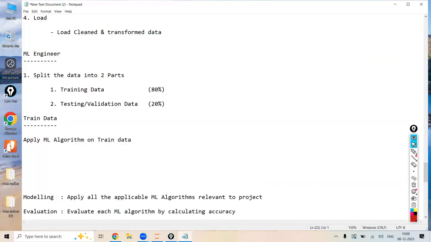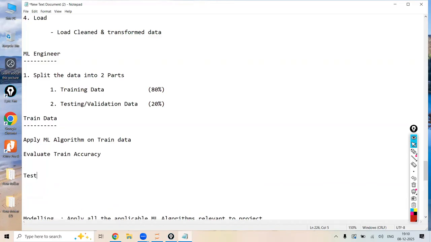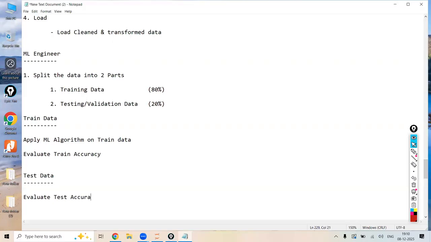After applying the ML algorithm on the train data, we have to predict or evaluate the train accuracy. Similarly, we take the test data, and for the test data we simply evaluate the test accuracy. We should not apply the algorithm again on the test data.